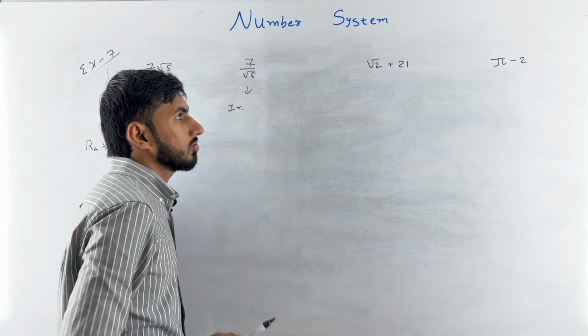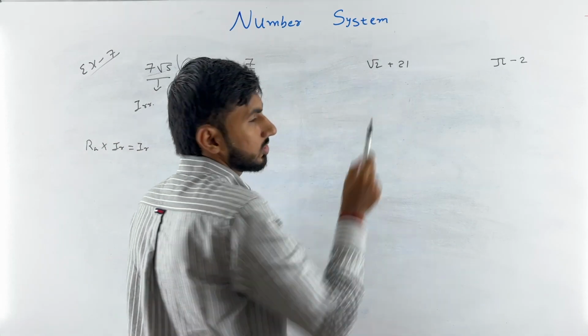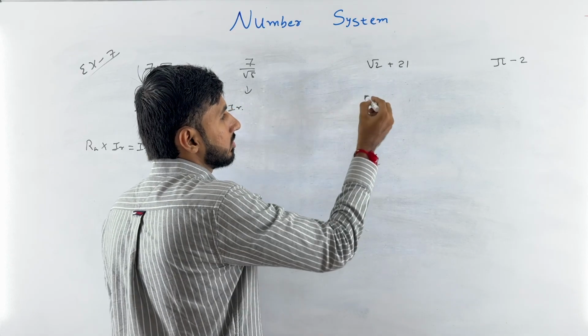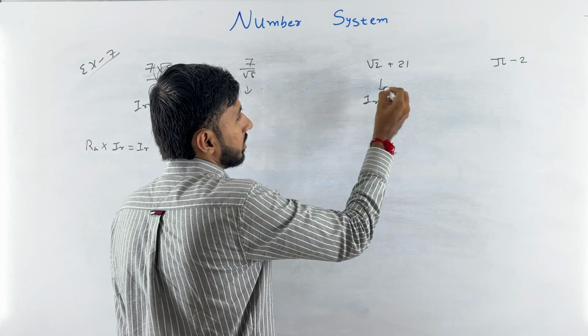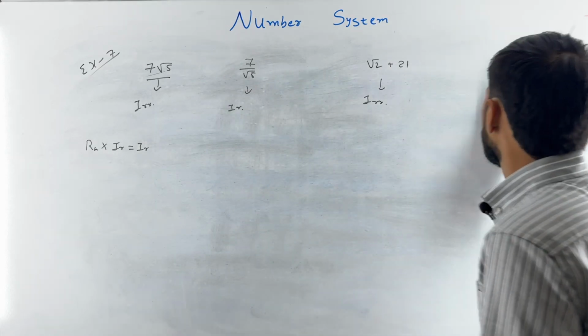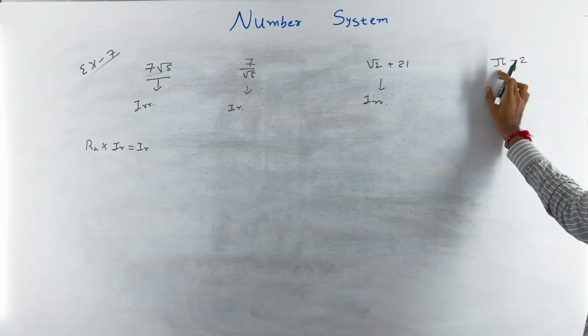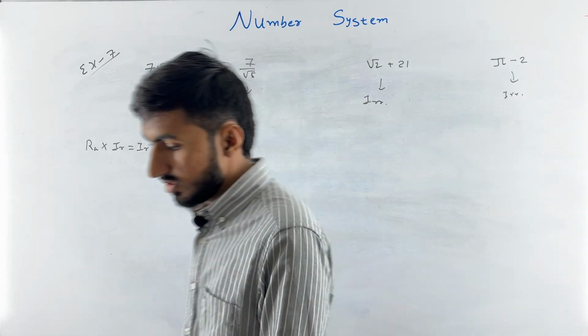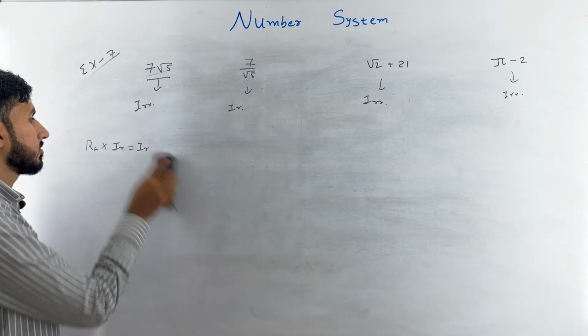And 7 is a non-zero rational number. Now for this root 2 plus 21, we all know that addition of one rational and one irrational is always irrational. So you can write it as here. Now we all know that pi is irrational, so subtraction of one rational and one irrational is also irrational. So all the numbers given in example 7 are irrational numbers.